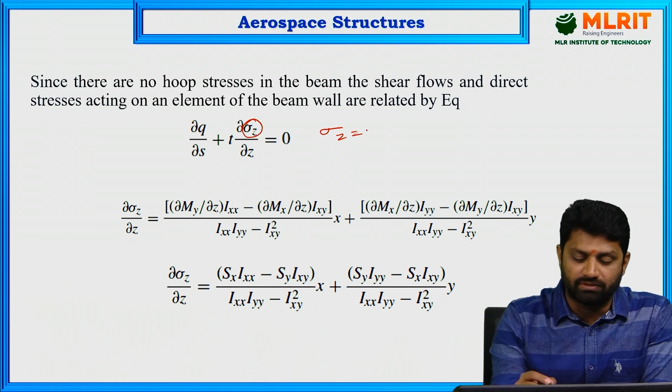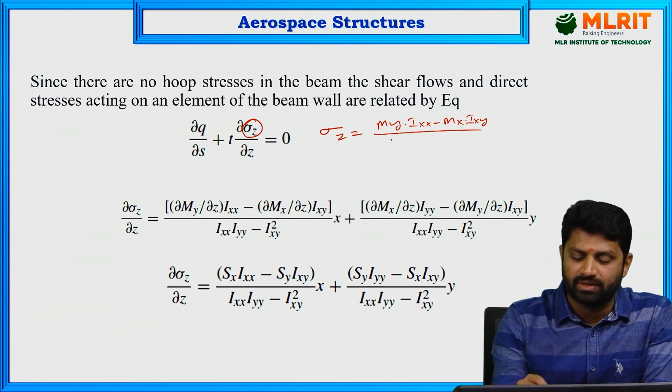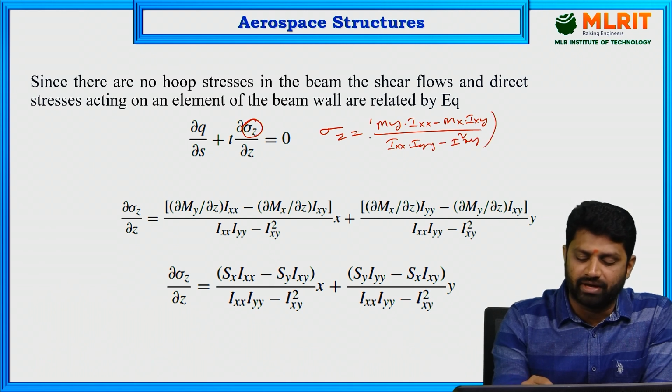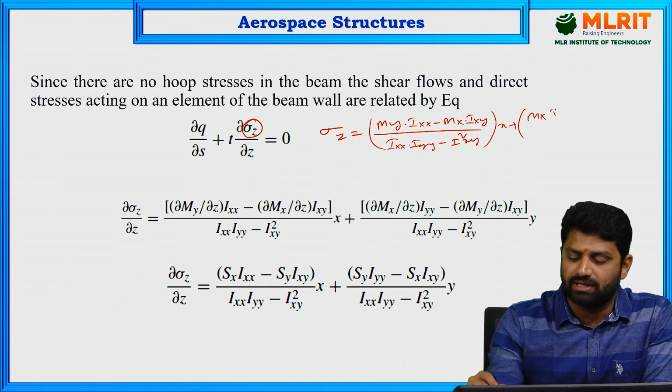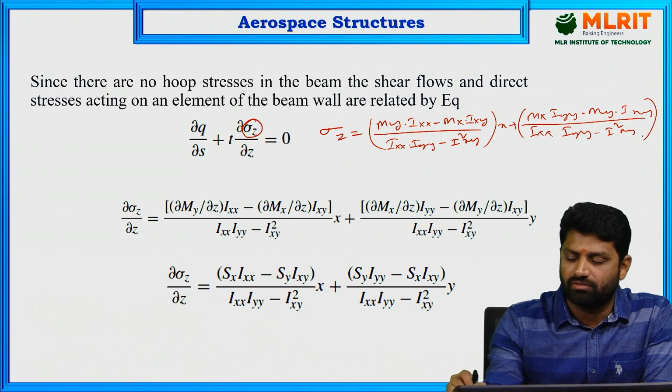So sigma z equals (Mx Ixx minus Mx Ixy) divided by (Ixx Iyy minus I square xy) of x, plus (Mx Iyy minus My Ixy) divided by (Ixx Iyy minus I square xy) of y.